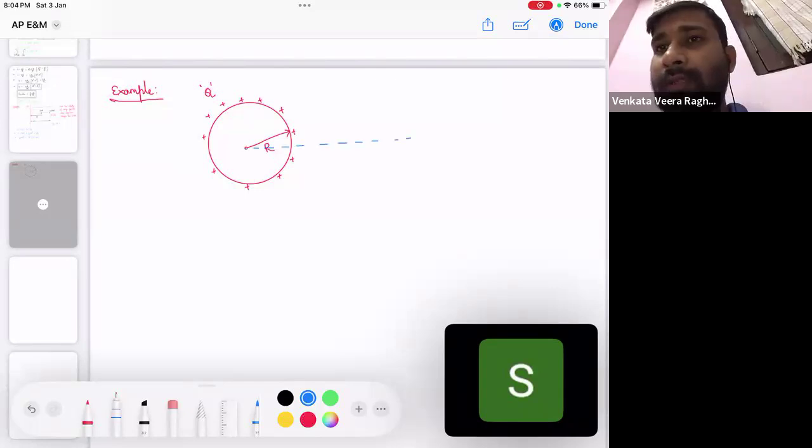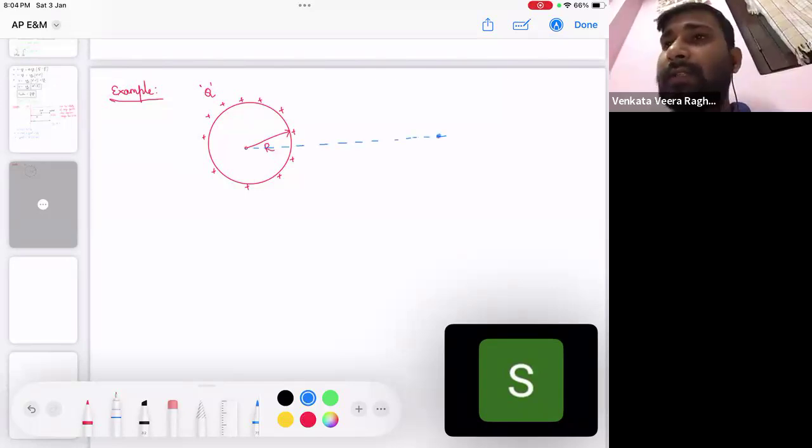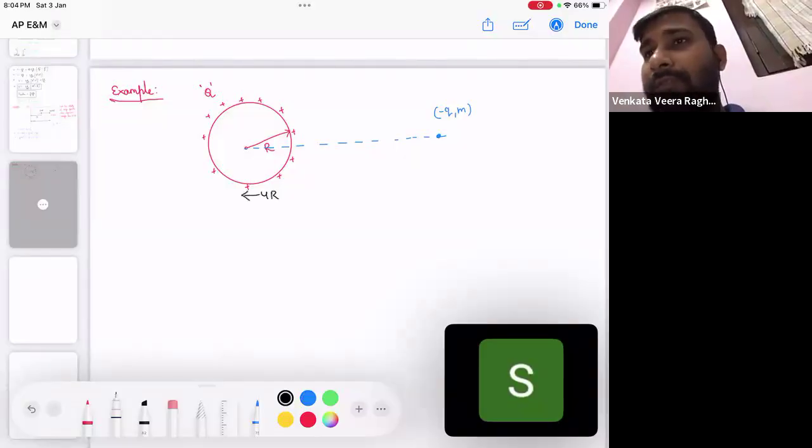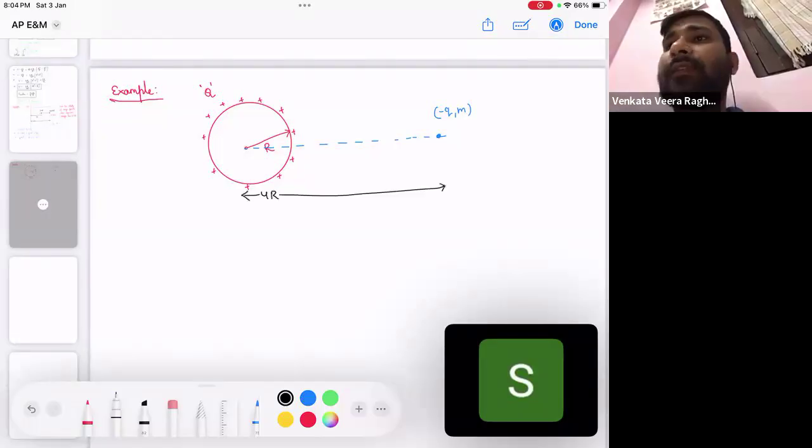Now along this line there is a charged particle here. The particle charge is minus q and the mass is M. Right now this particle is at a distance 4r from the center of the sphere.